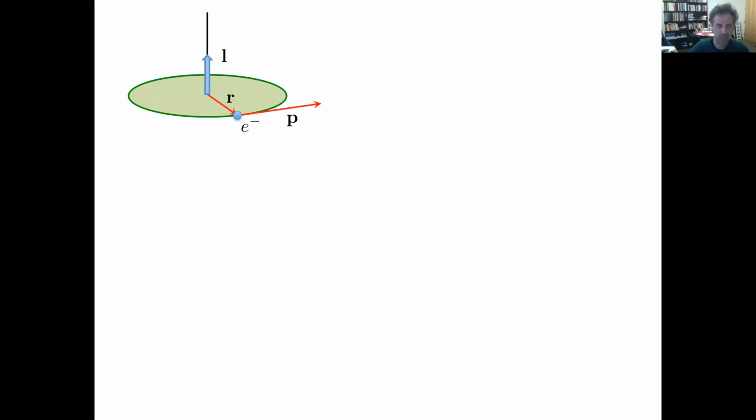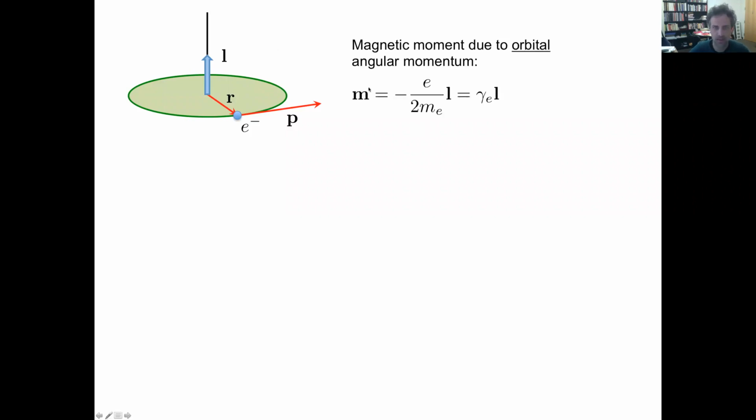And so that magnetic moment has a certain magnitude, and we can specify that. So this is the magnetic moment, m, and it is a vector because it has a magnitude and it has a direction. And here is the relation between the magnetic moment and the orbital angular momentum L, which is this vector right here. So they are directly related, okay? The only difference between them is a prefactor, which is given here.